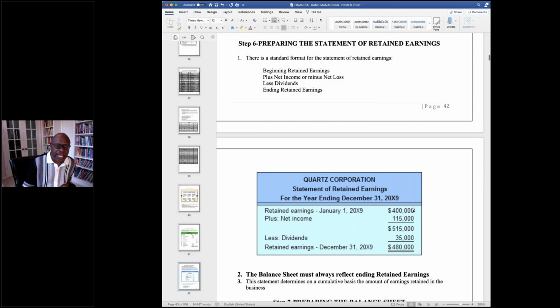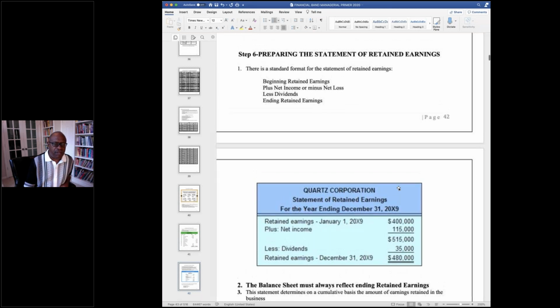So if we had a beginning retained earnings, we add the net income to it, we would subtract out dividends. This would give us the ending retained earnings. So these are the four lines that are on any statement of retained earnings.